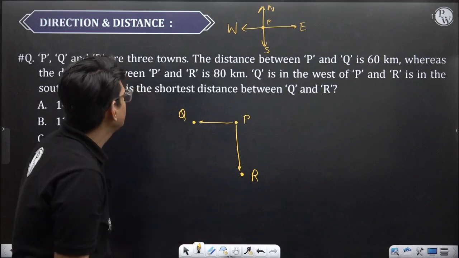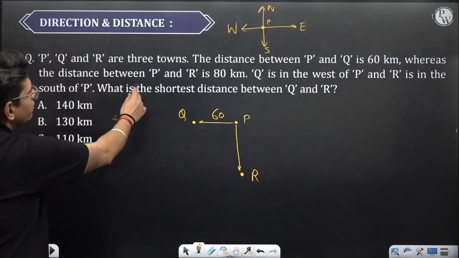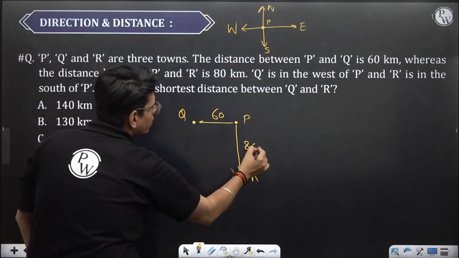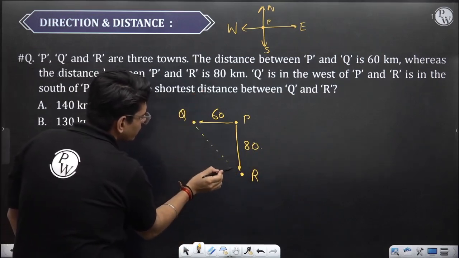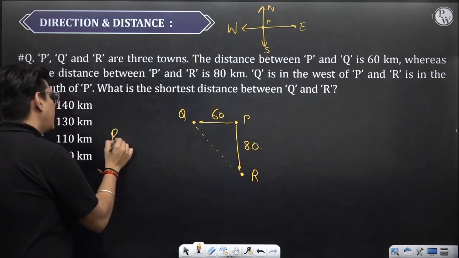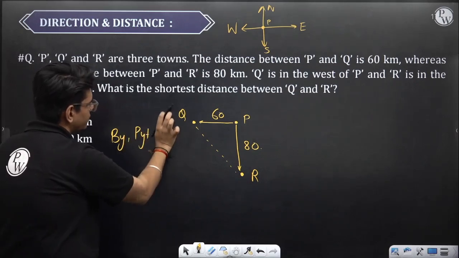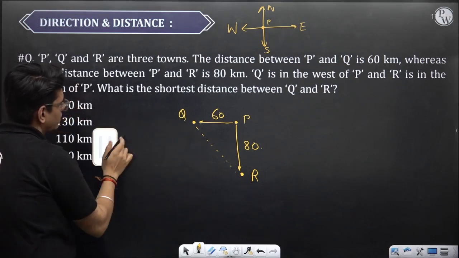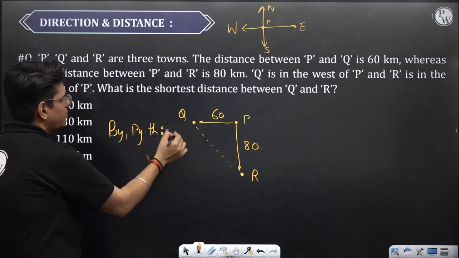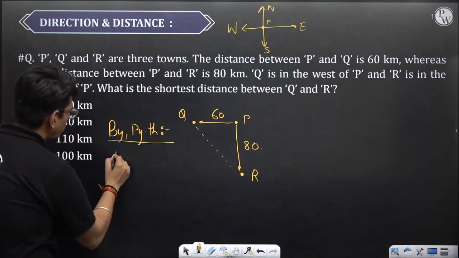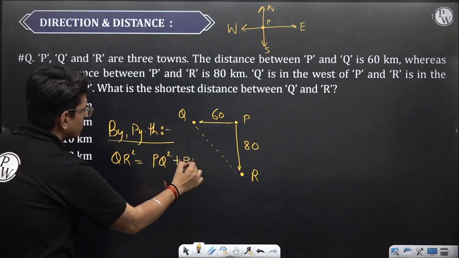Now what is the distance? This is 60 given in the question between P and Q, and the distance between P and R is 80. What is asked in the question? What is the shortest distance between Q and R? So by Pythagoras theorem, we can write QR square is nothing but PQ square plus PR square.